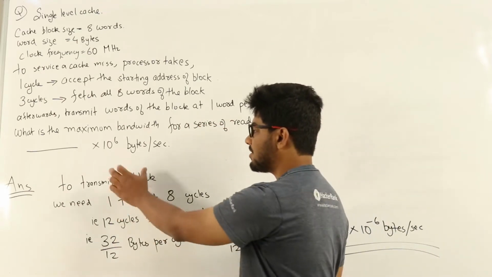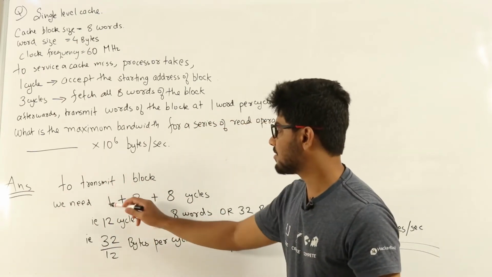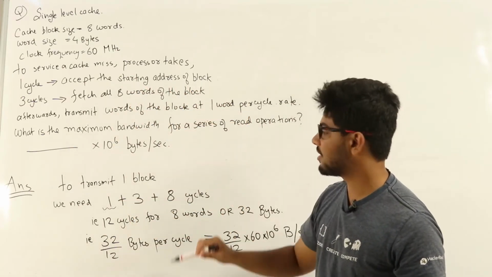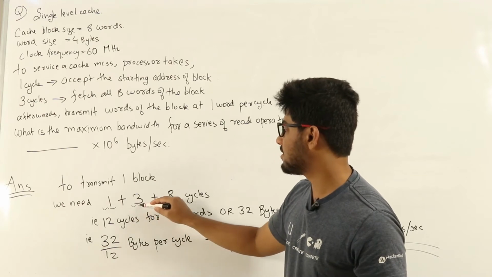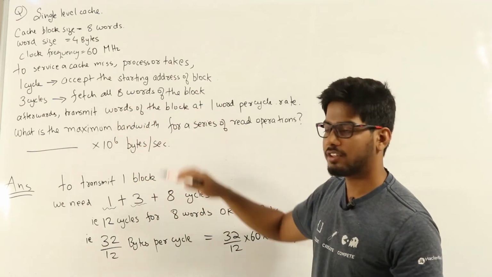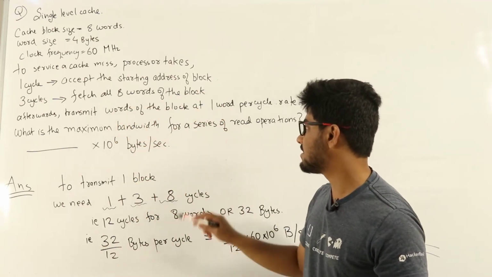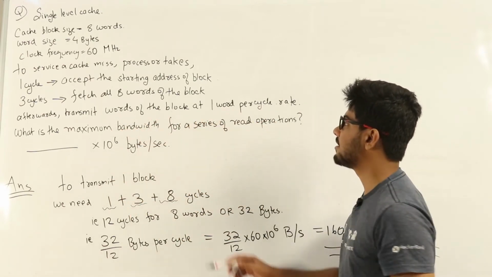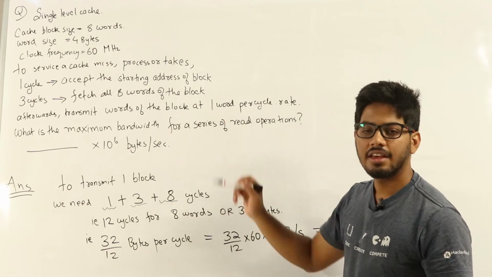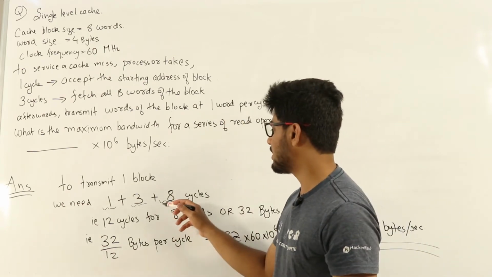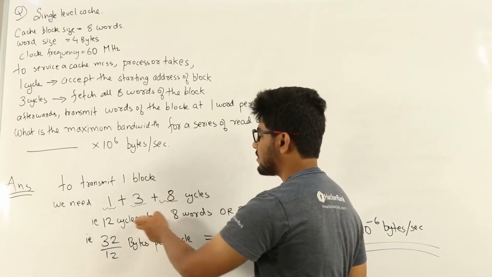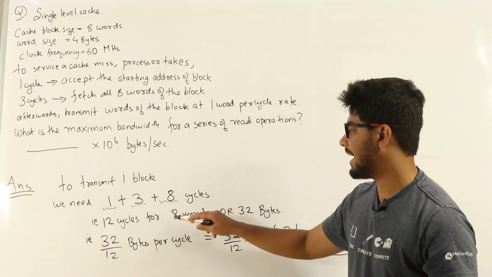So in order to transmit one cache block, it will take one cycle first, accepting the starting address of the cache block, 3 cycles to fetch all the 8 words of the block, and after that an additional 8 cycles, 8 for transmitting words of the block at 1 word per cycle. So it will take 1 cycle per word. A cache block has 8 words, so it will take a total of 8 cycles to transmit all the words. So if you see, it takes a total of 12 cycles for 8 words.